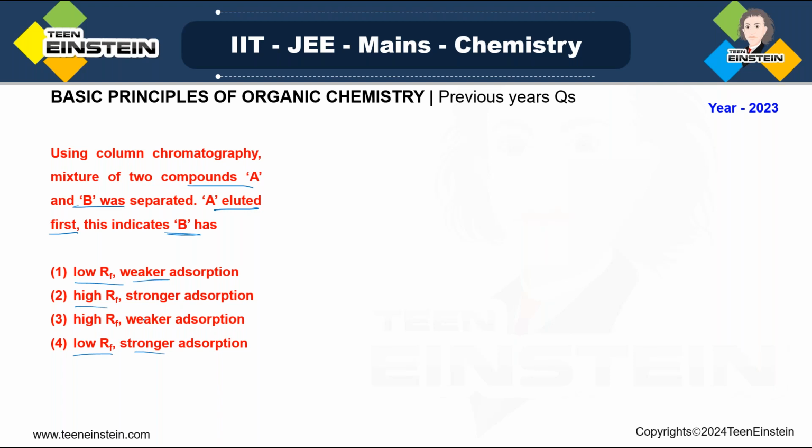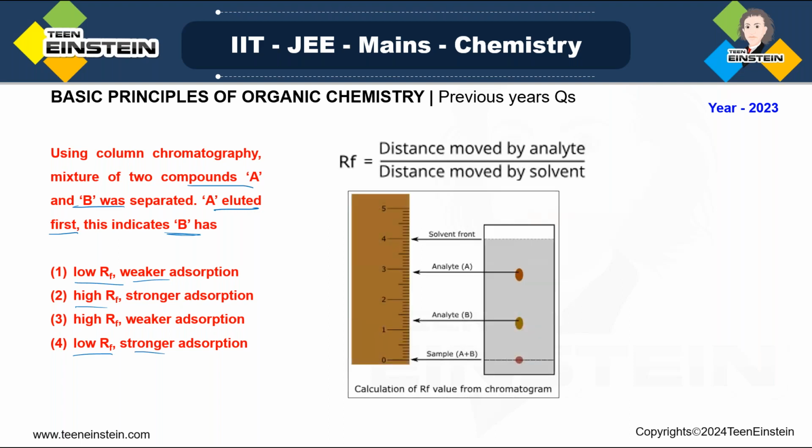Now when we have two mixtures in column chromatography, though it is column chromatography, the picture is shown like that, don't think it is paper chromatography. The theory is actually the same, so that is why you can also observe it for this type of strip. If we draw the picture, there is no issue.